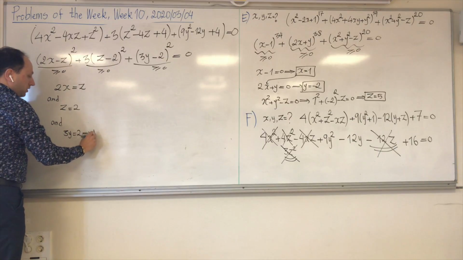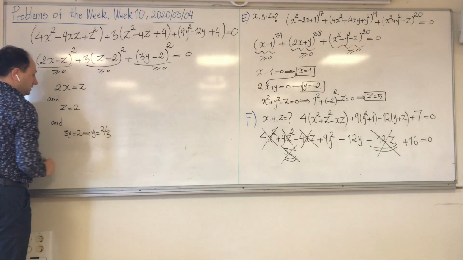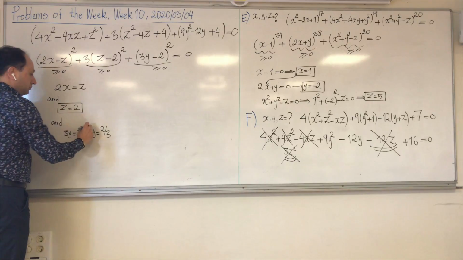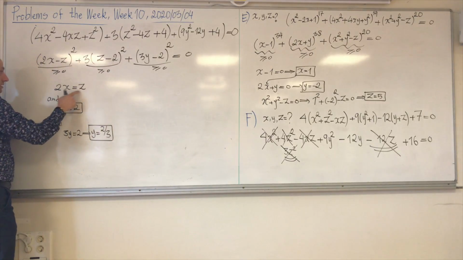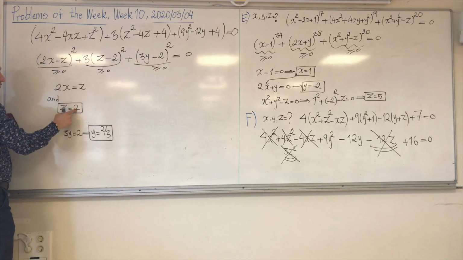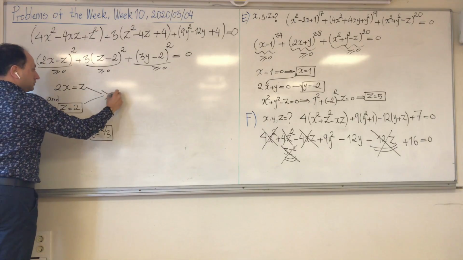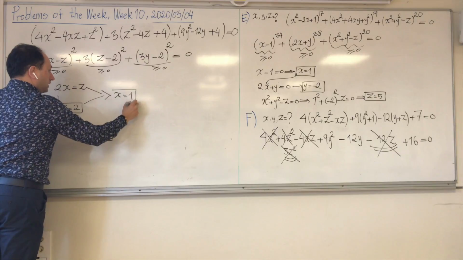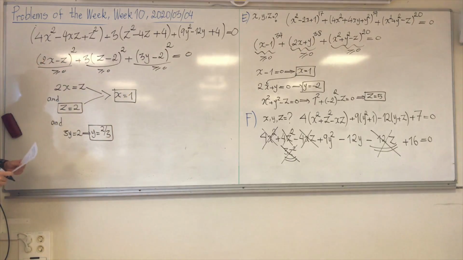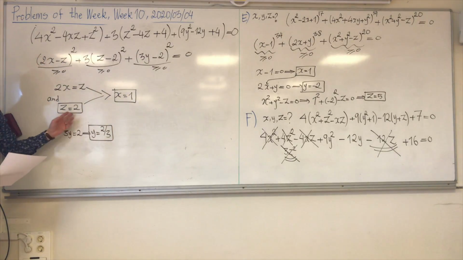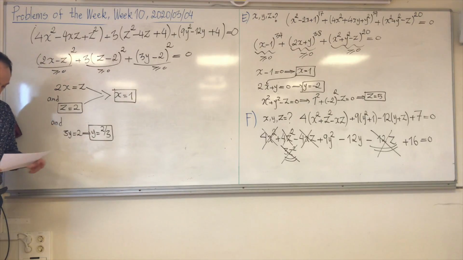So y is equal to 2/3, and z is equal to 2. And then 2x is equal to 2, so from these I can conclude that x is equal to 1. So x is 1, y is 2/3, and z is 2.